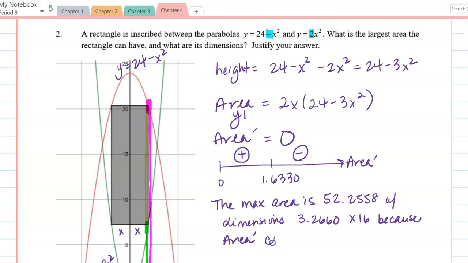Because area prime changes from plus to minus at x equals 1.6330.